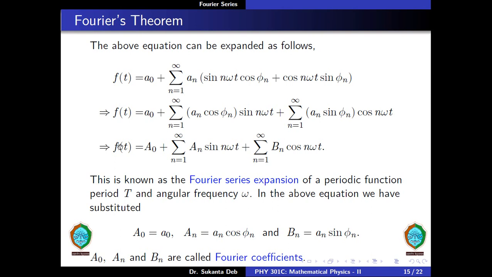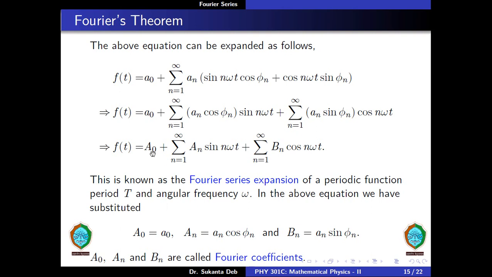So the final expression of f of t becomes f of t is equal to capital A naught, where capital A naught is nothing but small a naught, plus summation n is equal to 1 to infinity An sine of n omega t plus summation n is equal to 1 to infinity Bn cos of n omega t. And this is known as the Fourier series expansion of a periodic function f of t having period capital T and angular frequency omega.